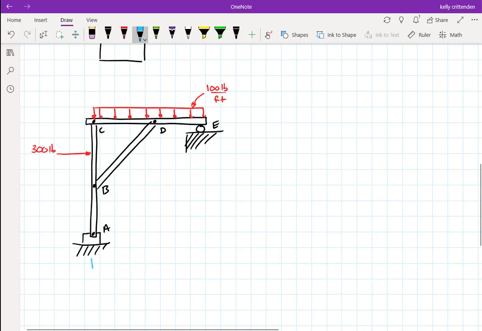Let's make this distance, looks like maybe 4 feet. This one will be 3 feet. And we'll need something here. Let's make this one also, looks like 3 feet. And we need 2 feet to get up to the point where that 300 pounds is, and then another 2 feet if we need it to get up here.